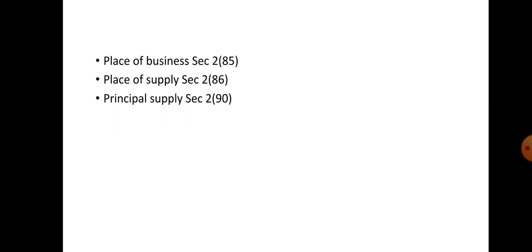Next is place of supply. It is given under section 2 subsection 86. Place of supply is referred to under chapter 5 of the Integrated Goods and Services Tax Act. To decide whether a particular supply is an interstate supply or intrastate supply, one has to refer to the provisions contained in the IGST Act in respect of determining the place of supply.